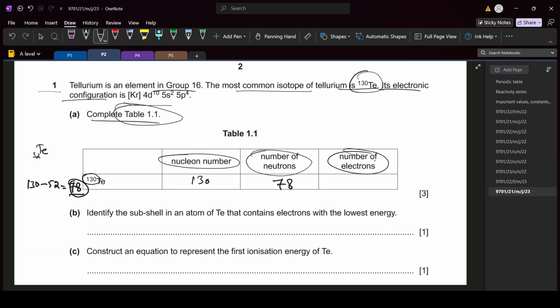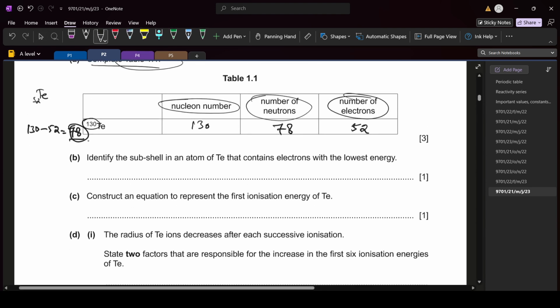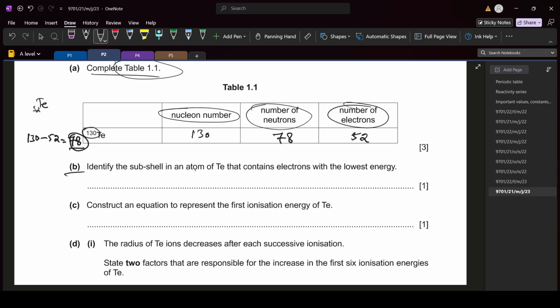Now number of electrons. This tellurium is an atom, so the number of protons and number of electrons will be equal. That's why there is no overall charge, so the number of electrons will be 52. Okay, part B, identify the subshell in an atom of tellurium that contains electrons with the lowest energy level. The lowest energy level is always 1s.